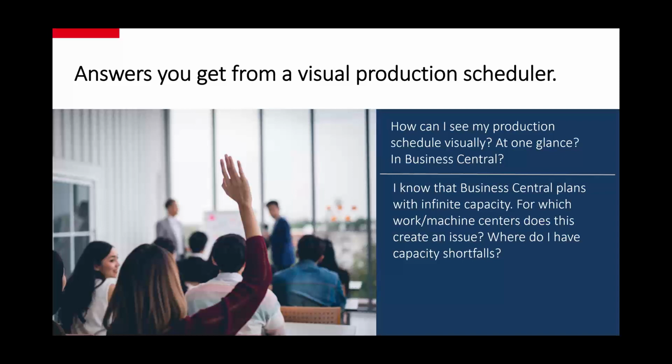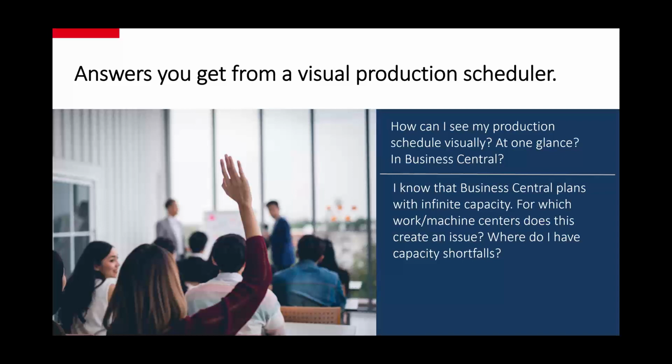Given the current demand coming from production orders for my machine and work centers, where will I run into a capacity shortfall? This is information that you hardly get from Business Central out of the box, and this is information that you get at your fingertips from a tool like the Visual Production Scheduler.